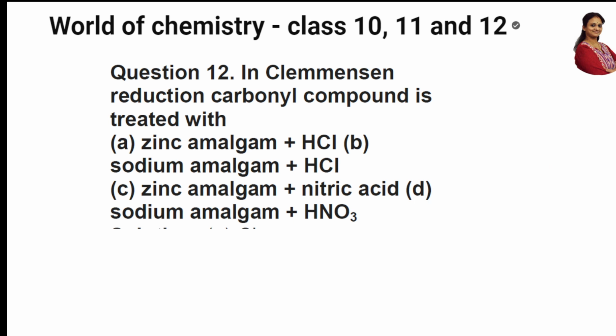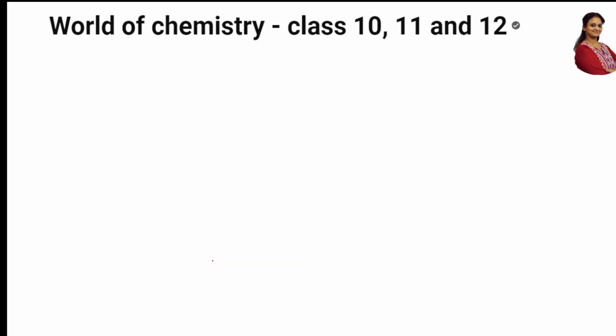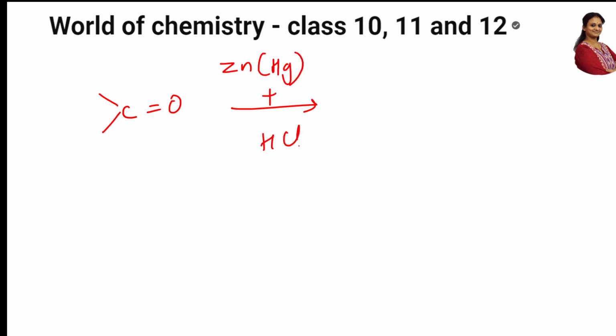Next question. In Clemmensen reduction, a carbonyl compound is treated with what? First of all, what is Clemmensen reduction, students? It is a type of reduction which uses zinc amalgam plus HCl, and it is used to convert the carbonyl group to a CH2 group.